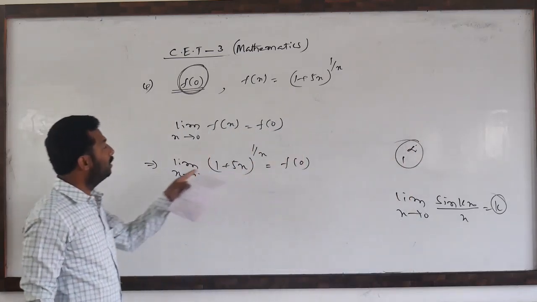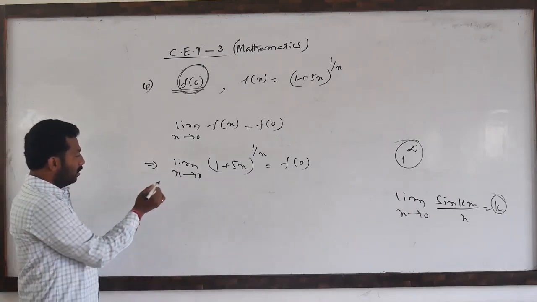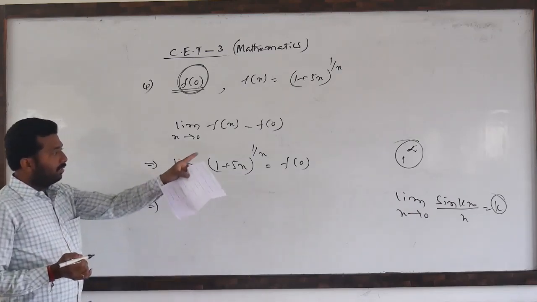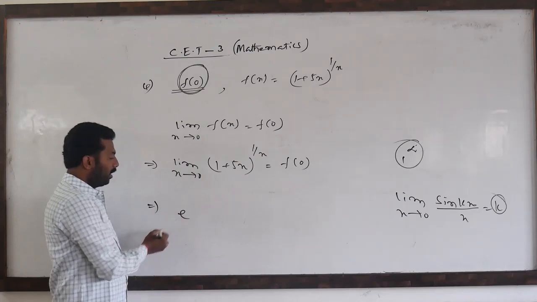What are the tricks in continuity problems? Whenever 1 power infinity appears, what we have to take?